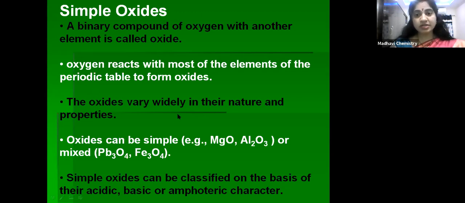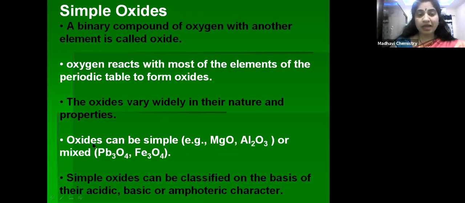These oxides have different properties; their nature and properties are different. Oxides can be simple oxides and mixed oxides. For example, magnesium oxide and Al2O3 are simple oxides, and mixed oxides are Pb3O4 and Fe3O4. Fe3O4 is the mixture of FeO and Fe2O3, is it not? That's why it is called a mixed oxide.